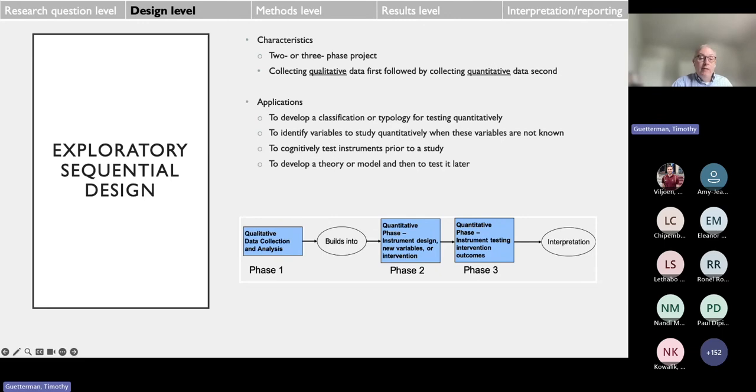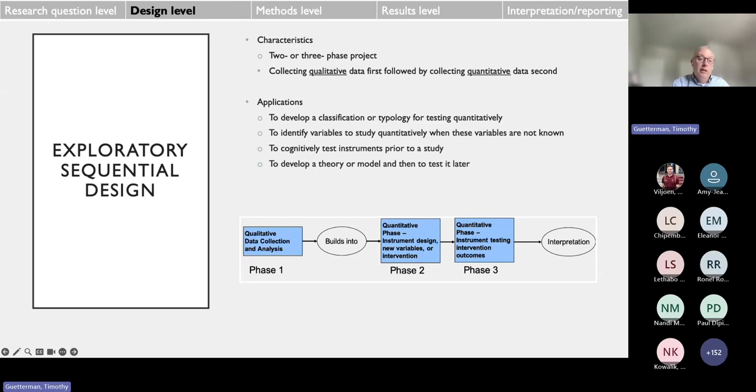That quantitative feature could be that we're developing an instrument. Maybe we're going to develop a typology, and then we're going to test it quantitatively. Maybe we're starting qualitatively, developing a theory, and then we're going to test it quantitatively.